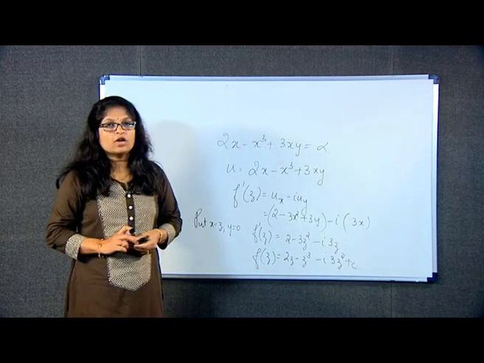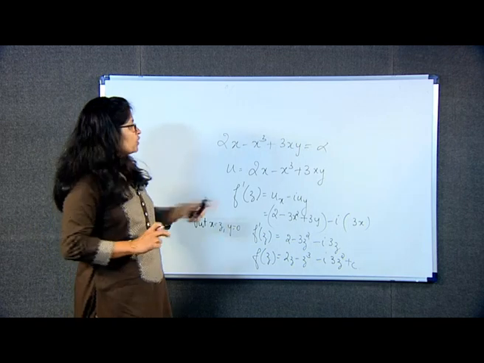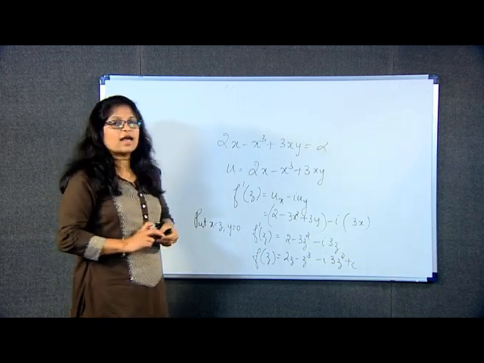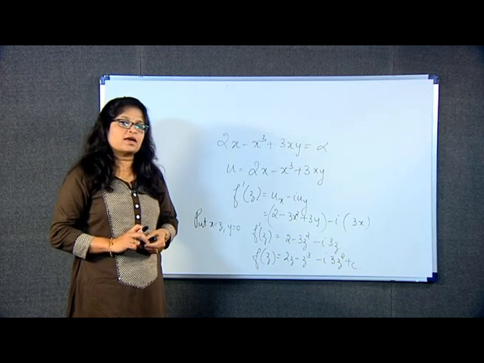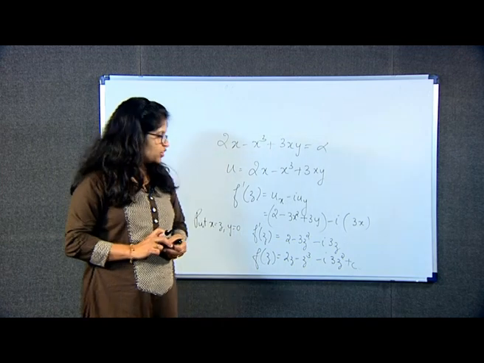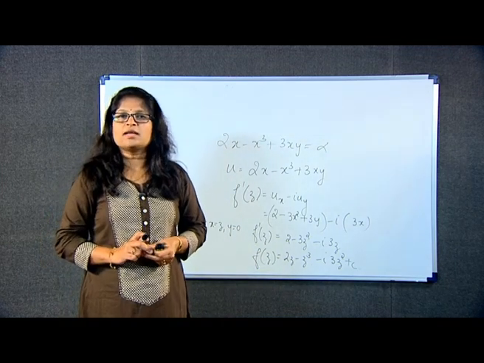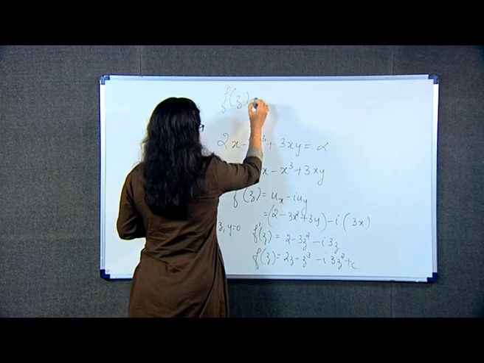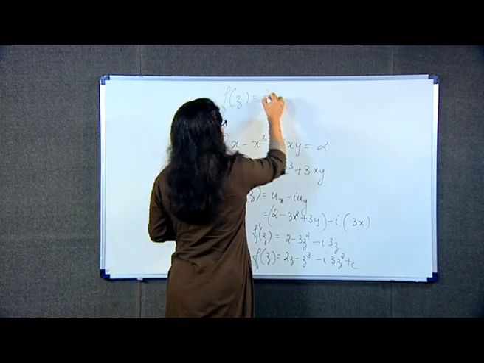Now, how do I find the orthogonal trajectory in this case? Since you have started with the family given as u, now I have to find v, that means the imaginary part in the expression 2z minus z cube minus i 3z square plus c. What do I do for that? I replace my z as x plus iy.